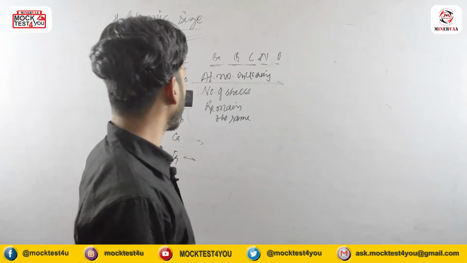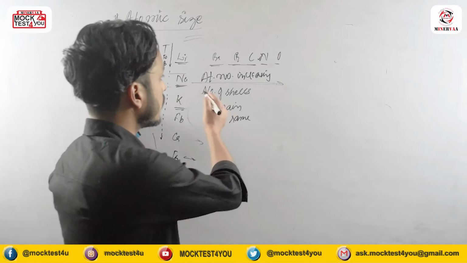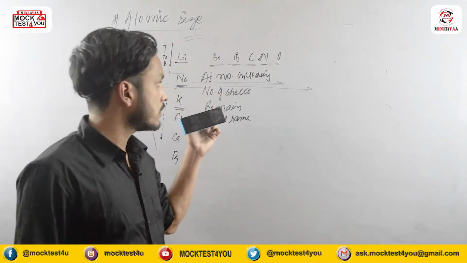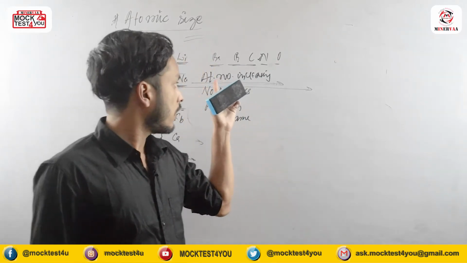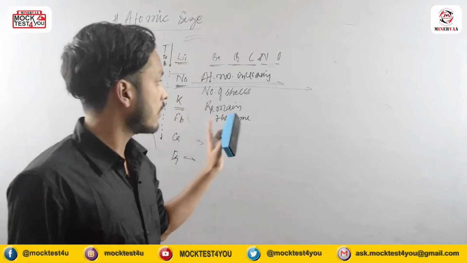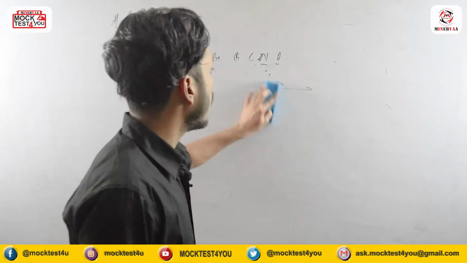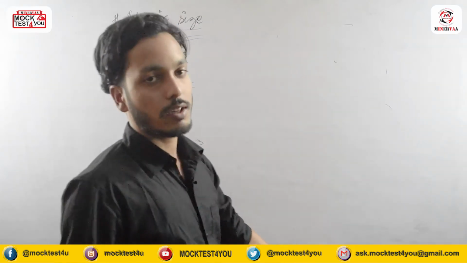Because whether we are talking about the second period, the third period or the fourth period, across the period the number of shells will be the same. We know that, right? So the atomic number is increasing, but the number of shells is remaining the same. So since the number of shells remains the same, the atomic radius or atomic size will decrease.